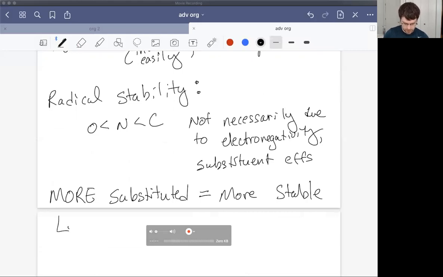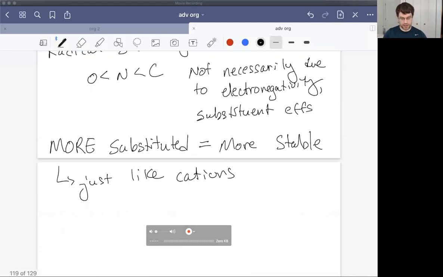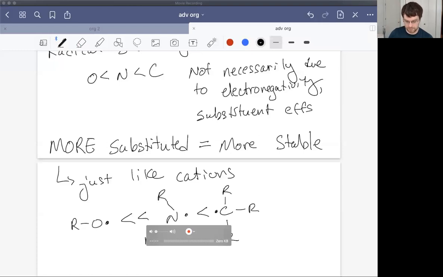So this is just like carbocations. Now what that means is that when I say that oxygen is not as good as nitrogen, which is not as good as carbon, it's really taking into account the fact that we've got more substituents or valencies or more opportunities to add things to our carbon center.